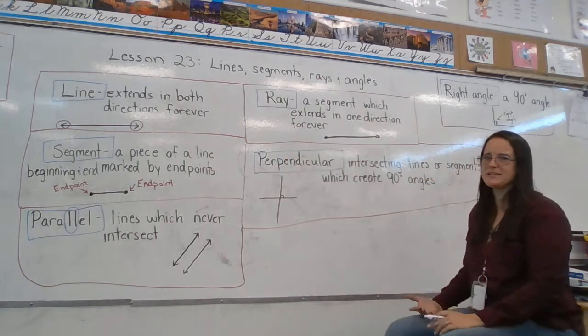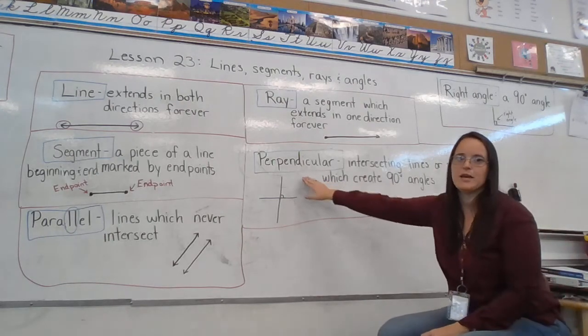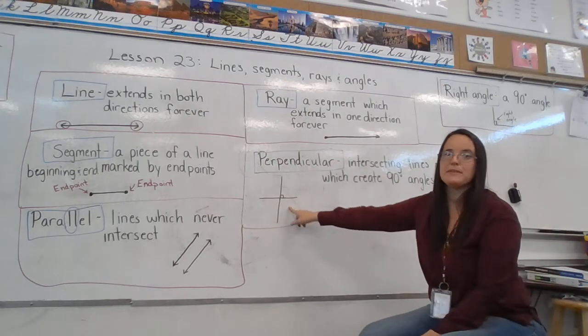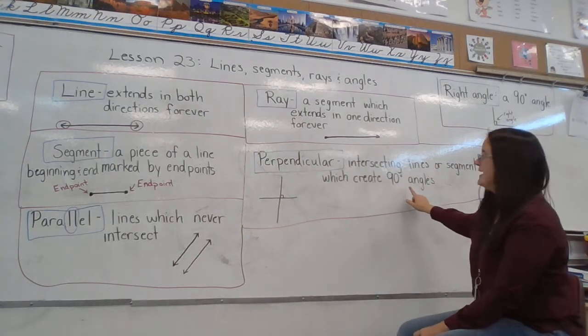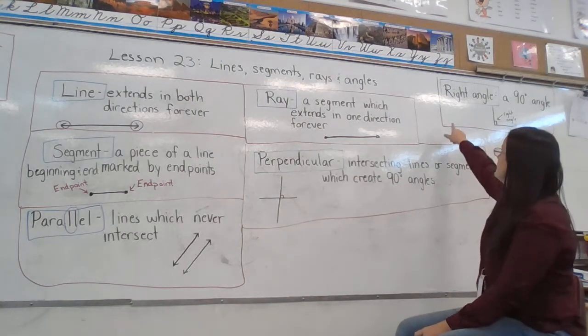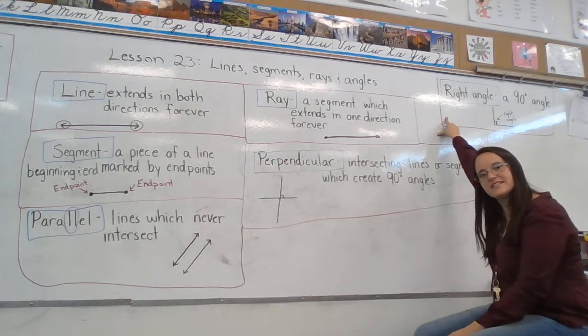Not quite the opposite, but something that we usually compare with parallel is perpendicular. Perpendicular are lines or line segments which create 90-degree angles. So if you notice up here, a 90-degree angle is kind of a special angle. We give it a special name.